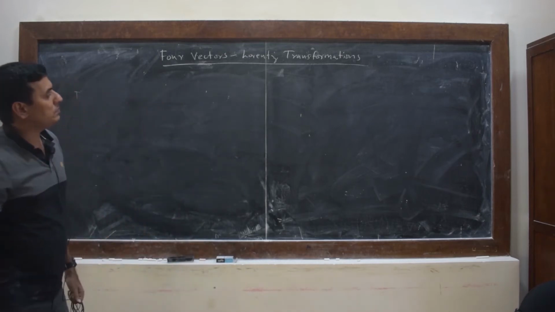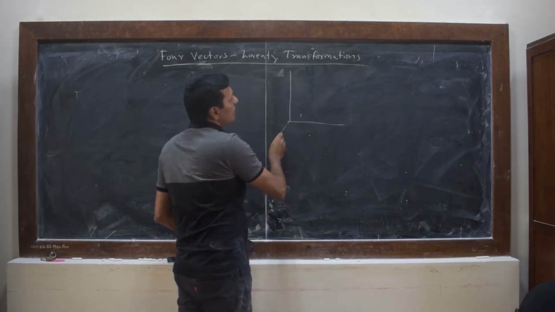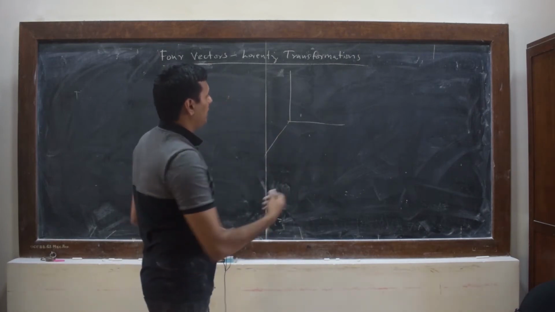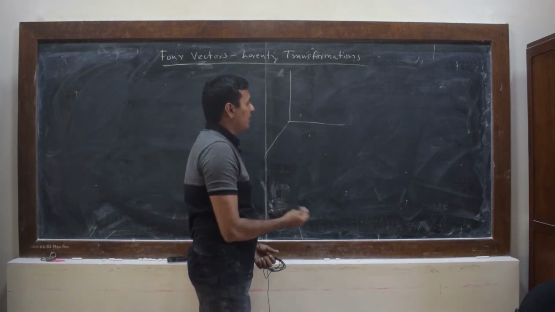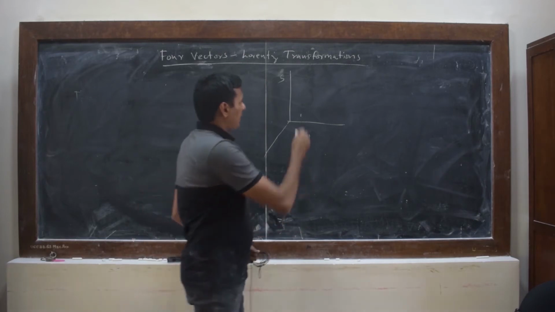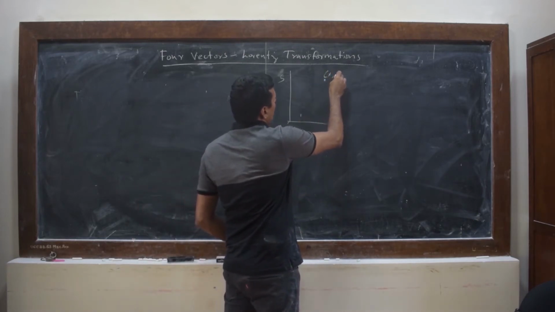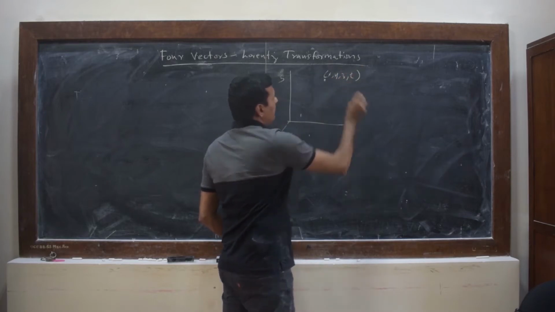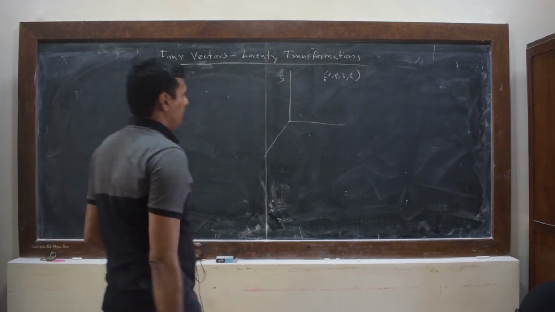Suppose you have a frame of reference, which I call S, where an event is represented by x, y, z and t. These are the coordinates for that event.